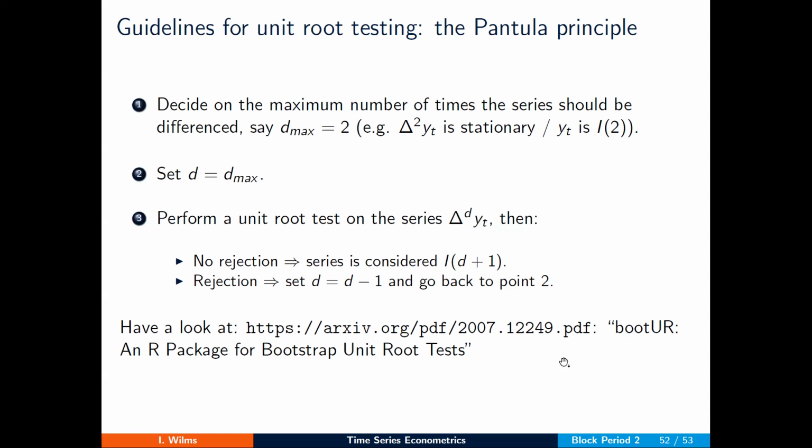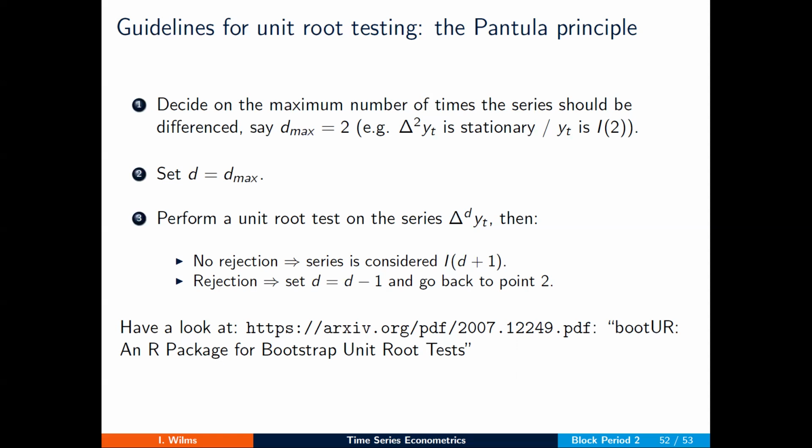Now, there are a lot of practical considerations to take into account for unit root testing, such as how to determine the deterministic components. Maybe there exist alternative automatic procedures to work your way around the inclusion of these deterministic components. Well, start by having a look at this paper with corresponding R package put-UR that Stefan Smeekes and I recently wrote. We will actually make use of this package to apply also unit root tests in practice during the upcoming sessions.